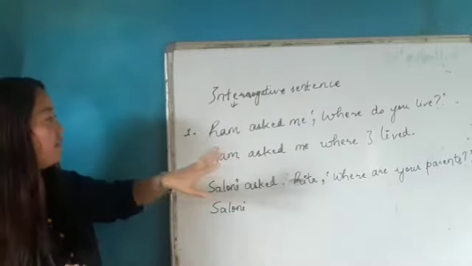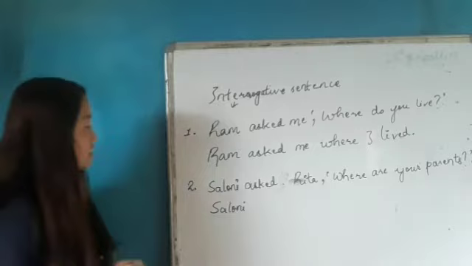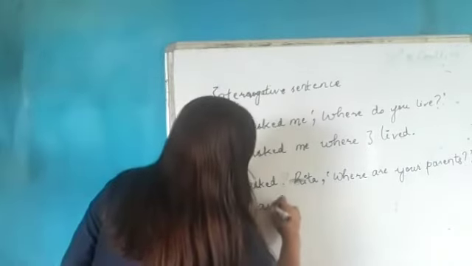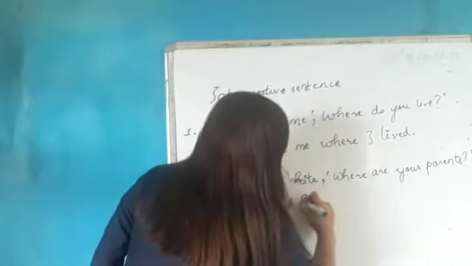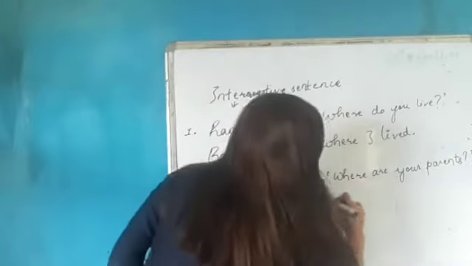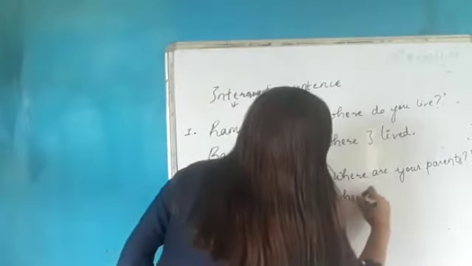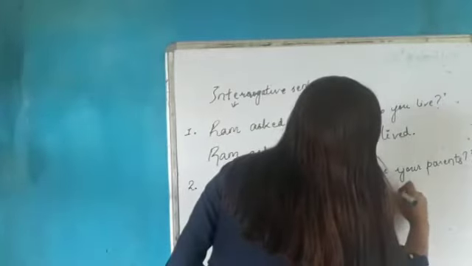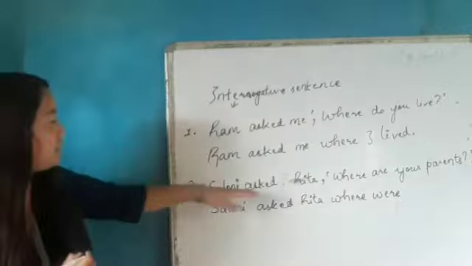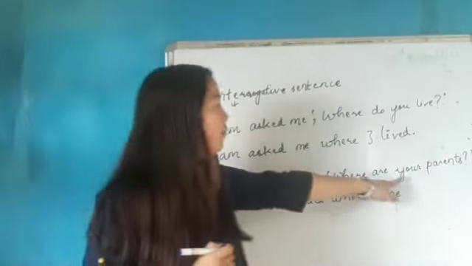But in this case, I have made it very simple for you to understand. So Saloni asked Rita where, so are becomes were, past tense. Where were, and since Saloni is speaking to Rita, your becomes her.